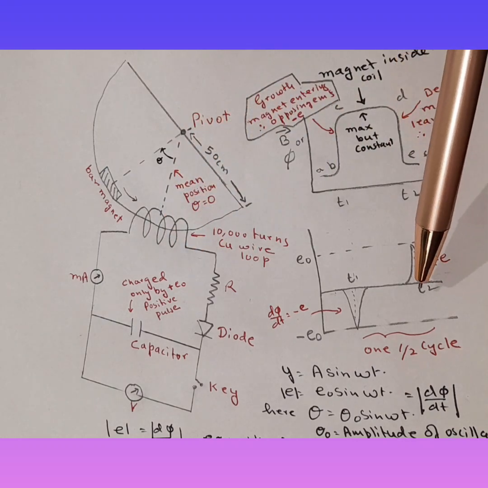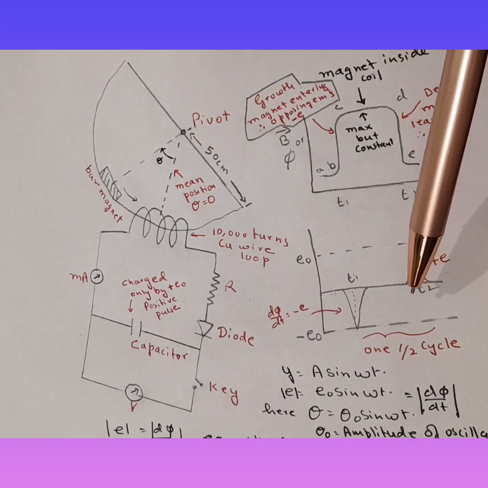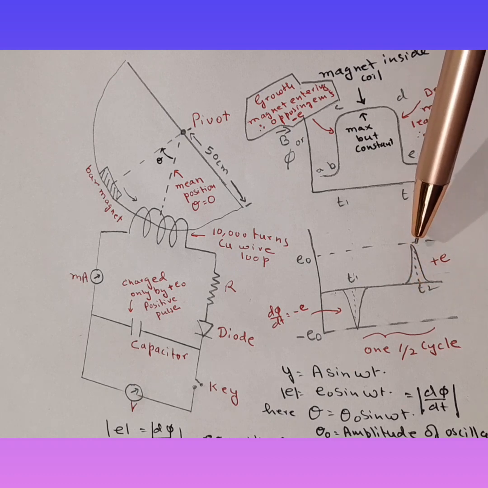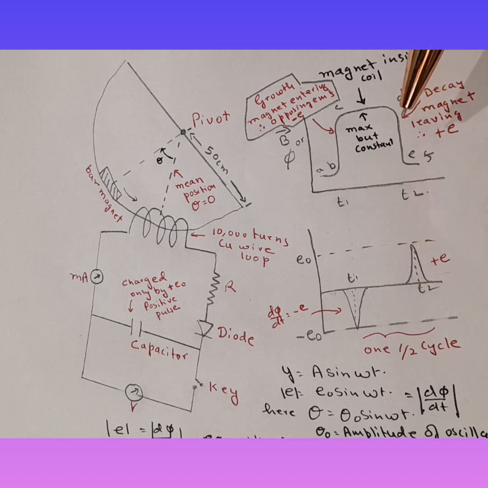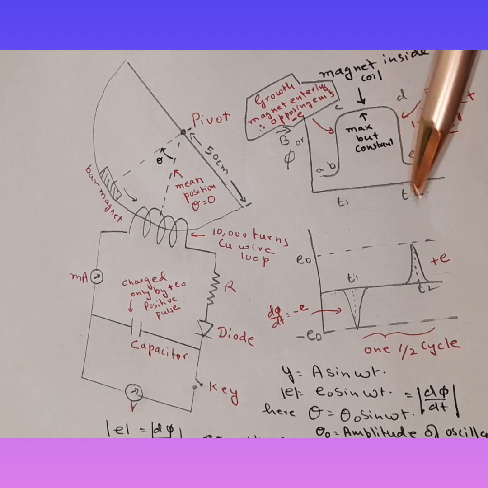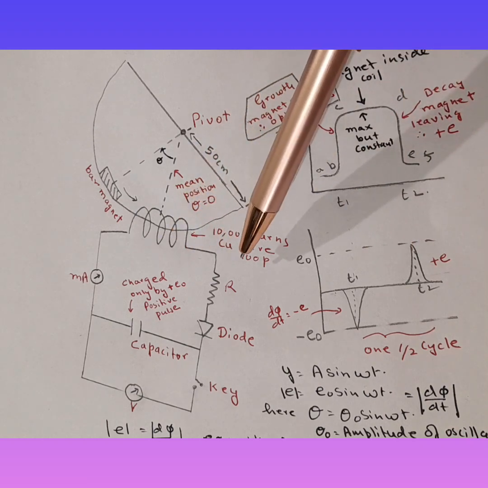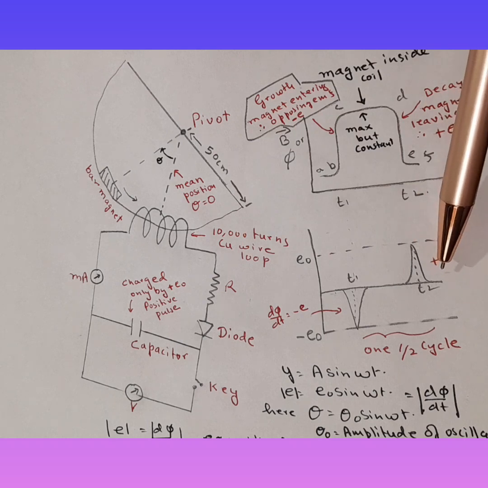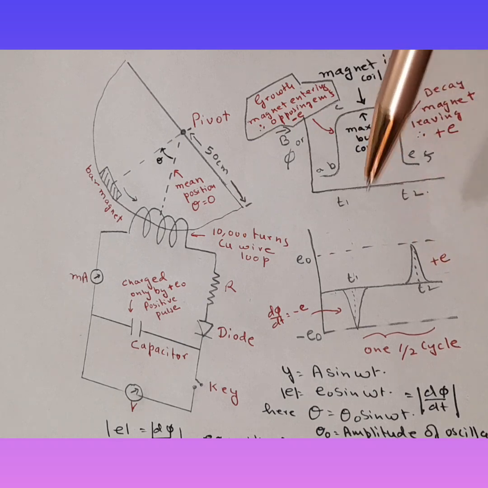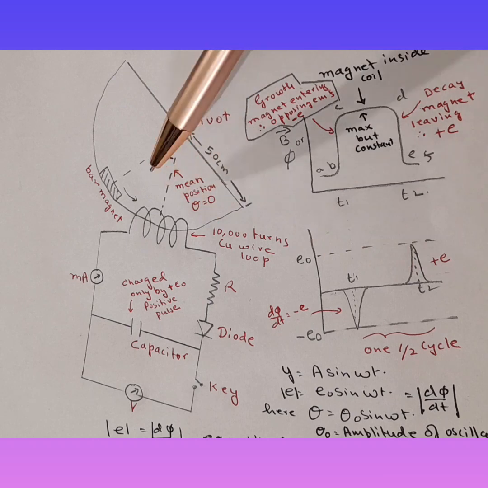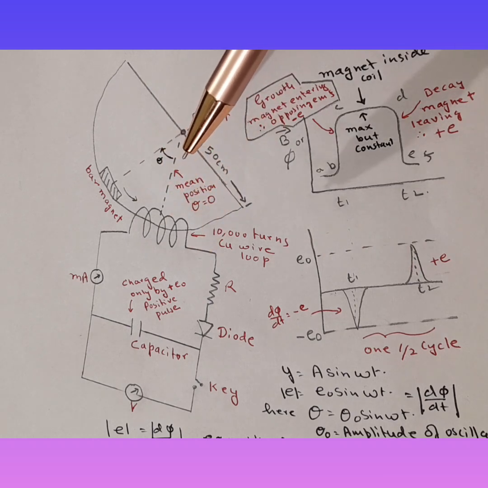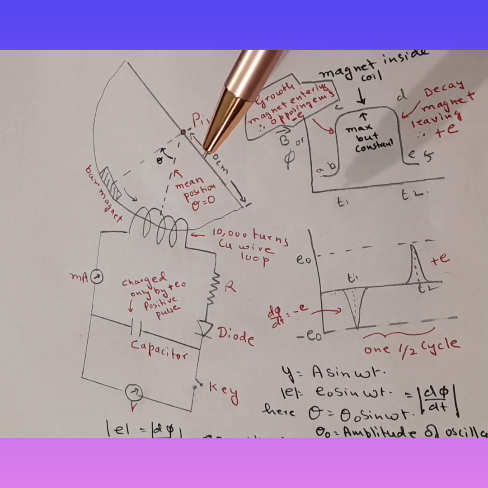In terms of EMF, it is positive and increasing. Why? Because lines of force are being cut over here, but since the magnet is coming out of the coil, it is positive. So I hope the graphs we did are understood. All right.